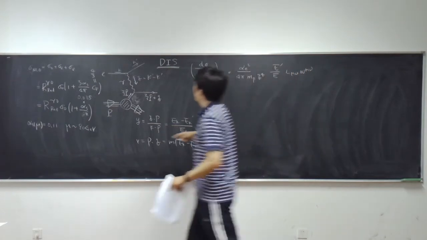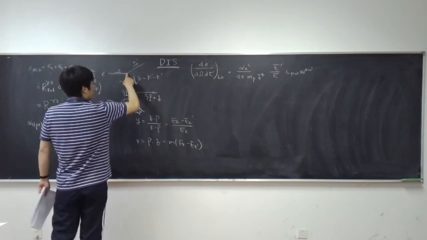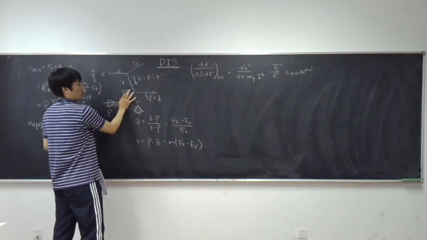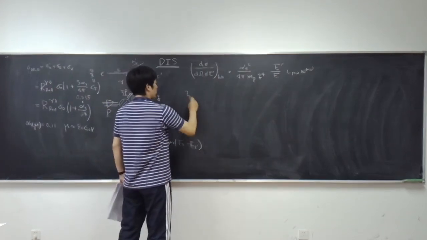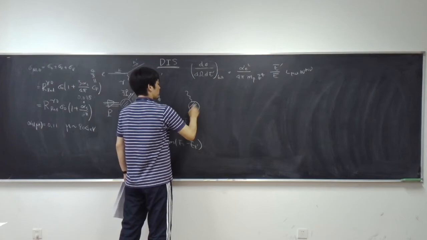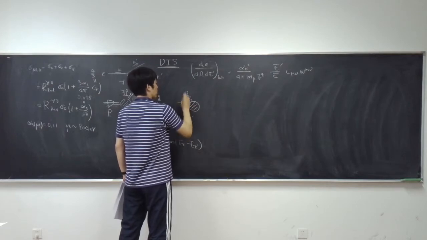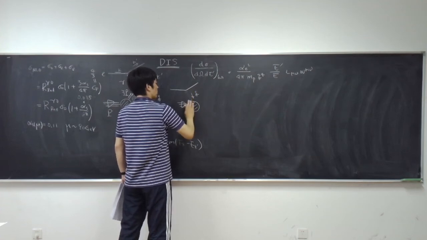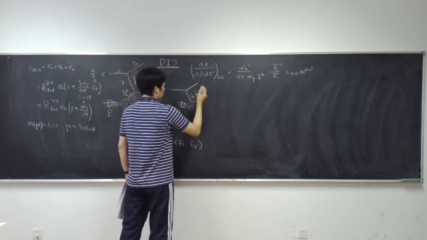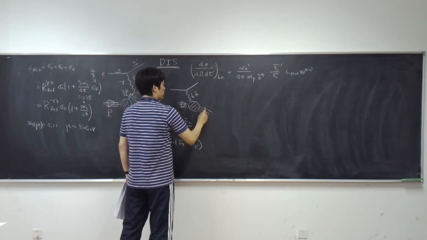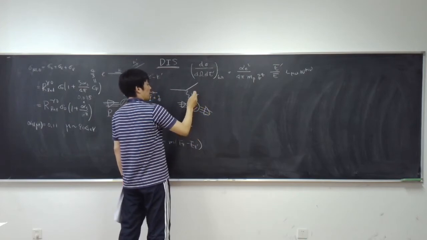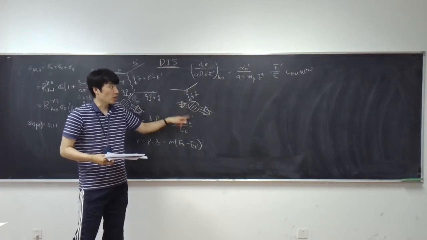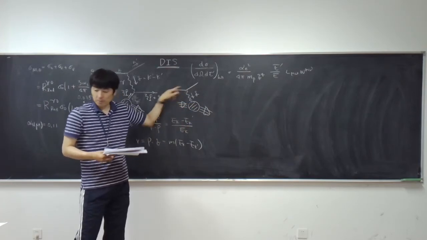And L mu really comes from here, and W mu really comes from here. Last time we didn't look at it this way, we just looked at it the other way. Last time we just looked at this process, and W mu really comes from here.